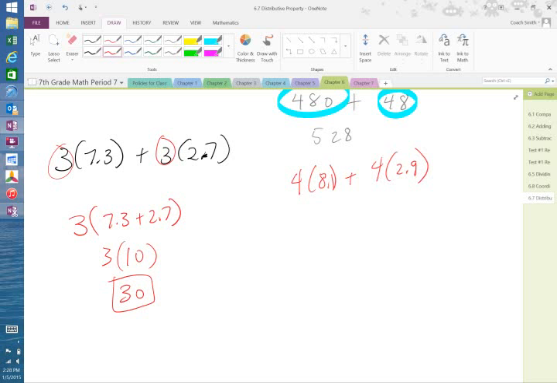Who has an answer? Cameron. 44 is correct.